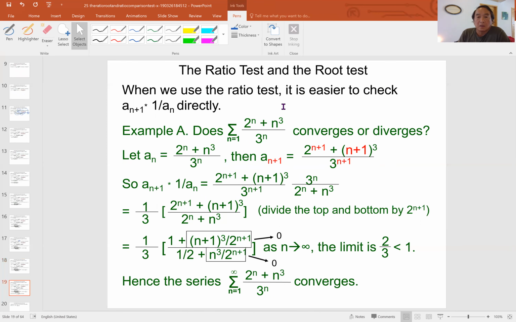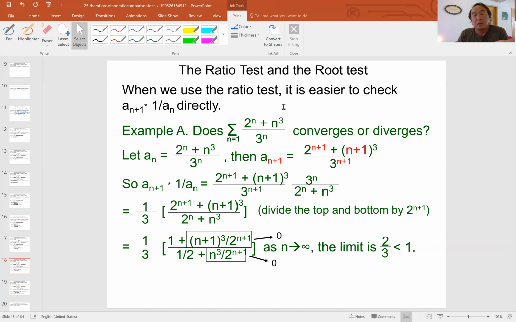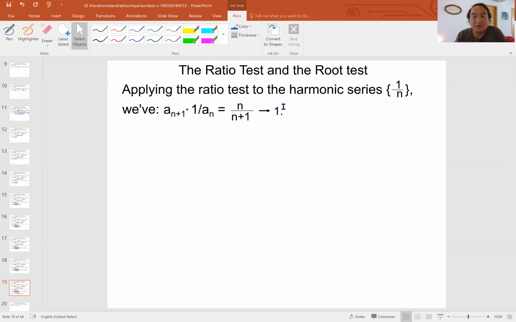Hence, this is almost geometric with r equal to 2/3. Hence, it converges. Hence, the original series converges.